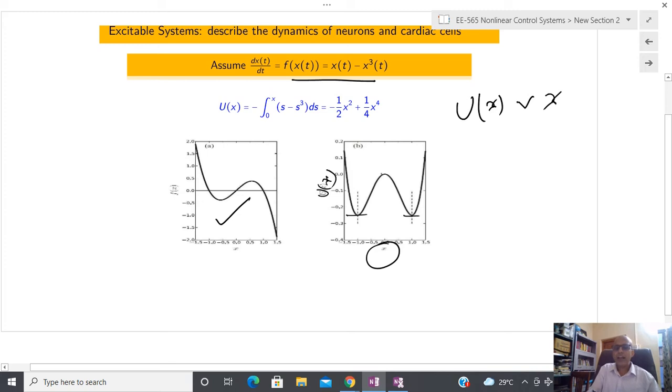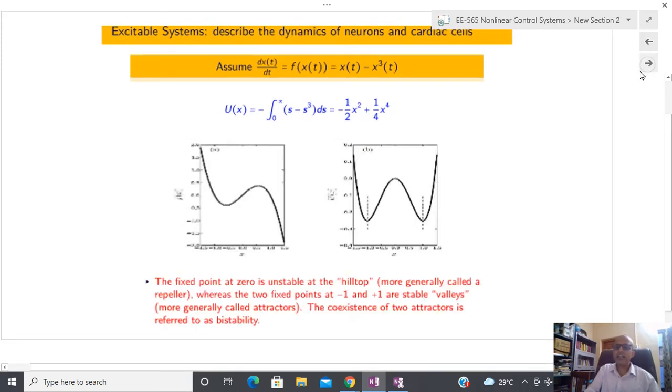If you put the ball here, it will fall in either this direction or this direction. But if you put the ball here, again I have a stable behavior, and if you put the ball here, again I have a stable behavior. This kind of stability is called bistability, and only nonlinear systems exhibit this kind of stability.